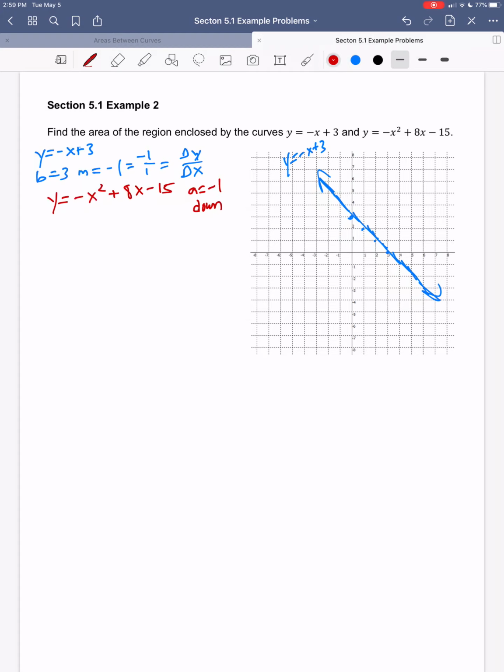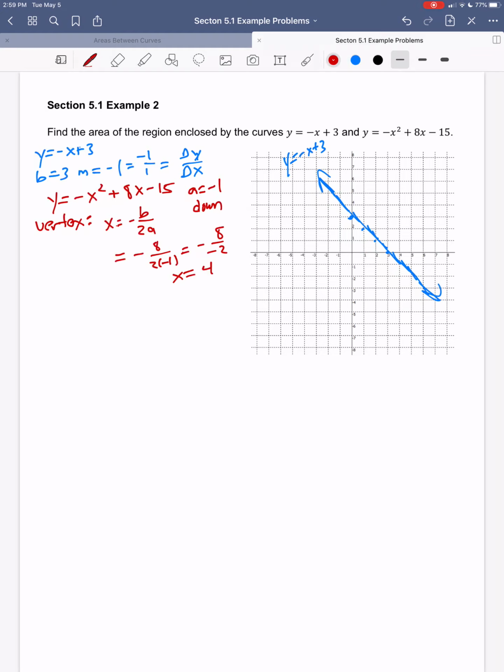For the vertex, the x-coordinate would be negative b over 2a. So that's negative 8 over 2 times negative 1, which would be negative 8 over negative 2. So the vertex would have an x-coordinate of 4.